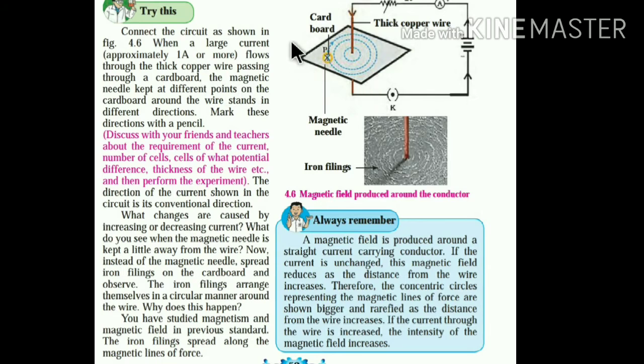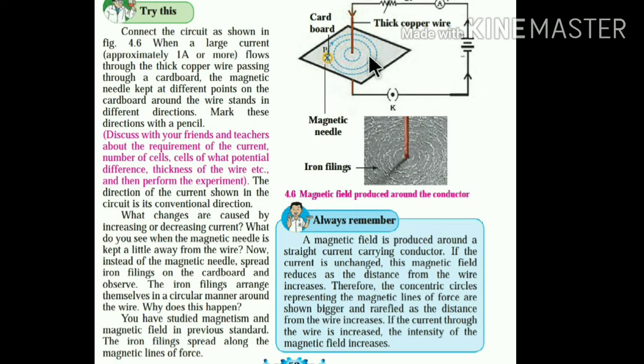When a large current flows through the thick copper wire passing through a cardboard, the magnetic needle kept at different points on the cardboard around the wire stands in different directions, and mark this direction with a pencil.